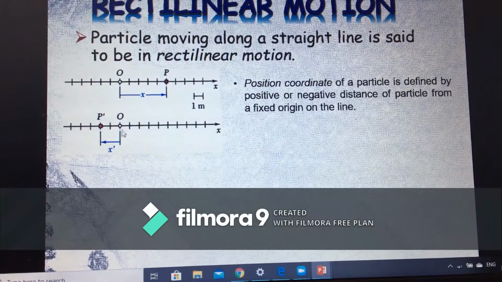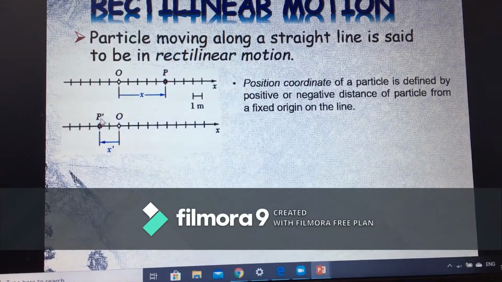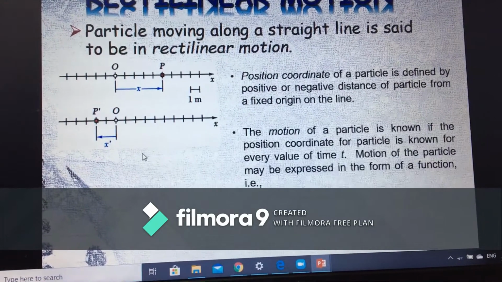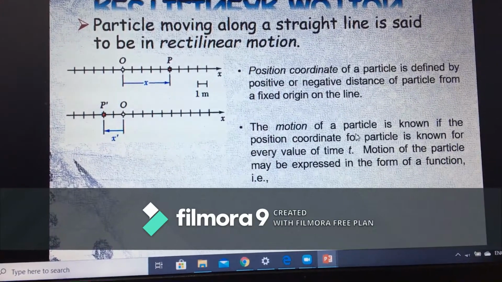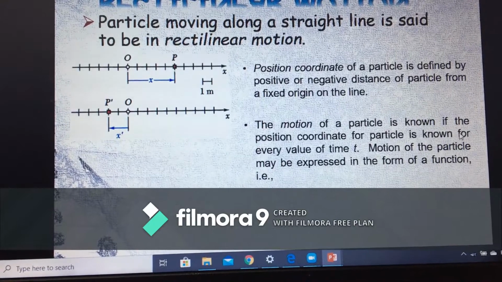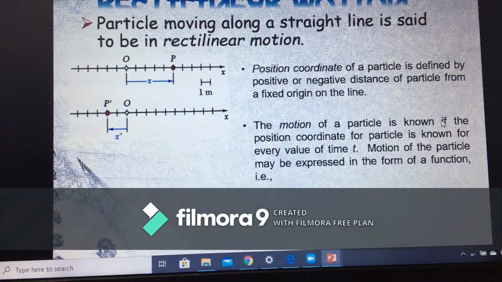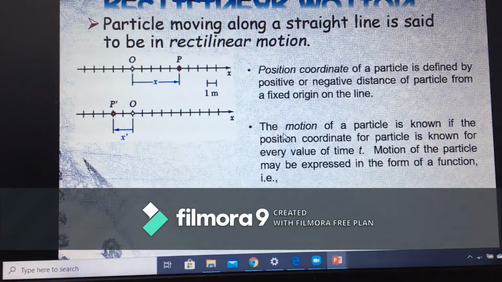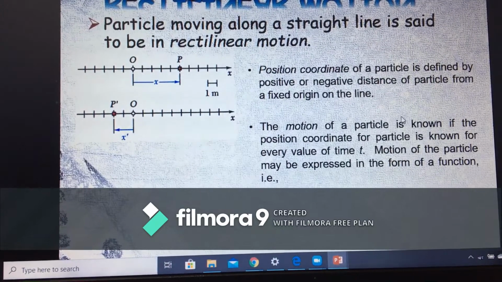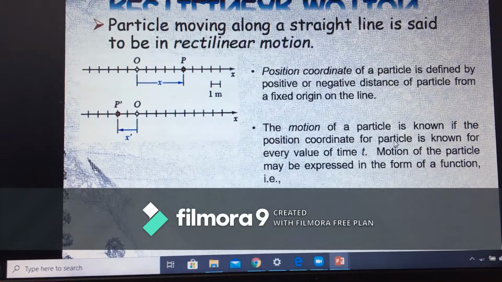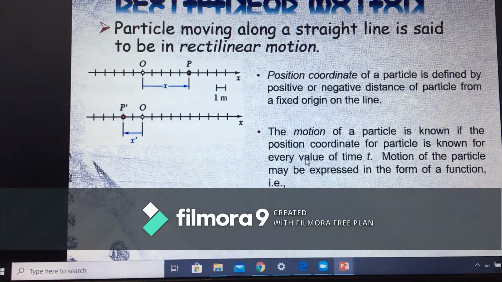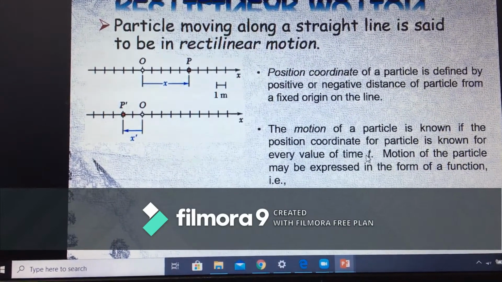We call this distance x prime and this point p prime. The motion of the particle is known if the position coordinate of the particle is known. That is the condition, class. We will know where it goes, positive or negative, if we know its position coordinate at every value of time.